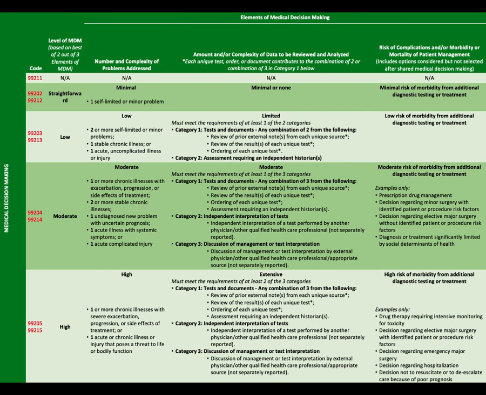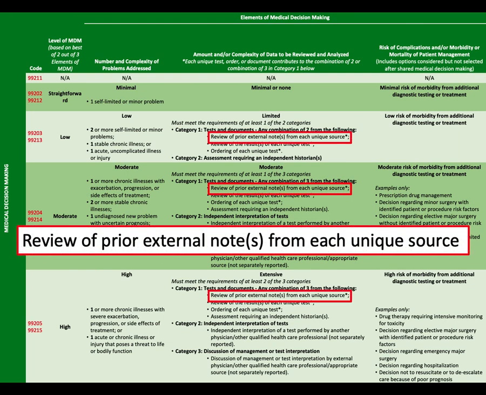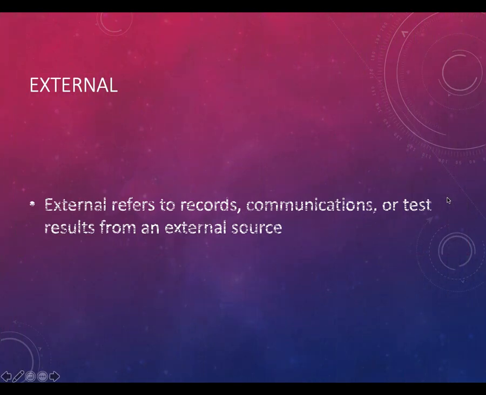Now we will talk about external in the context of review of prior external notes from each unique source. External records, communications, and/or test results are from an external physician or other qualified healthcare professional, or from an external facility or healthcare organization.